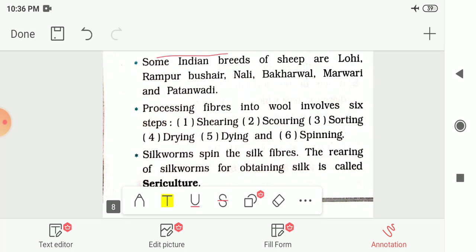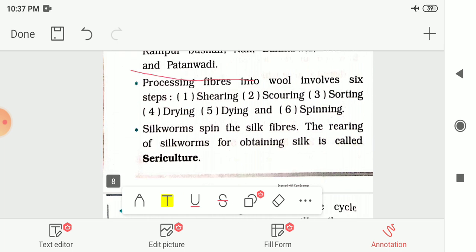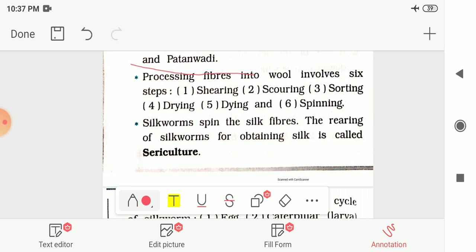Next we had seen that some Indian breeds of sheep are Lohi, Rampur Bushair, Nali, Pakharwal, Marwari and Patanwadi. These are the different breeds of sheep of our country, and they also give good wool. Then we had seen how we can get the wool.